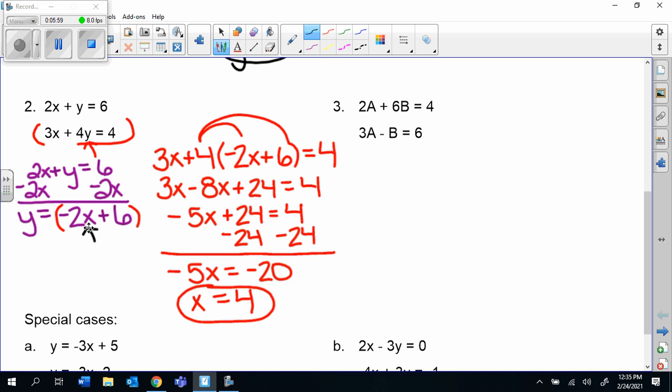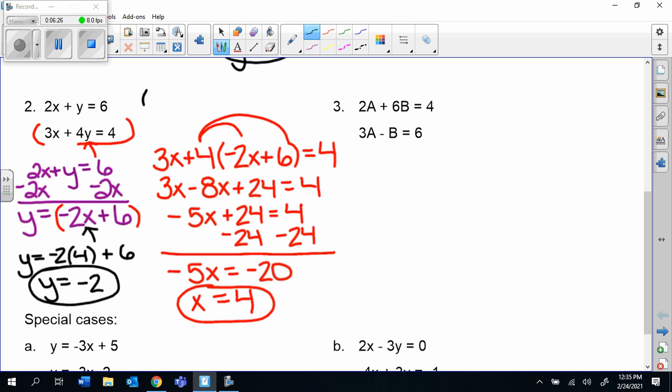You could plug a 4 in literally right there, and that's going to automatically give you what y is without any manipulation required. So y equals negative 2 times positive 4 plus 6. Negative 2 times 4 is negative 8 plus 6. Y is negative 2.